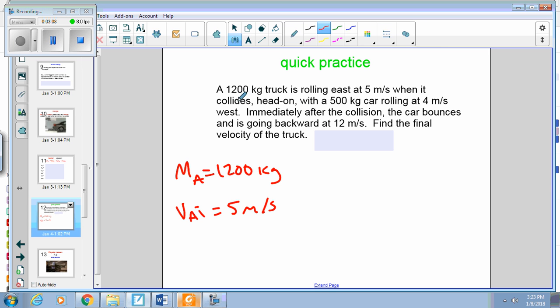It's positive because it's rolling east. Then, to make matters worse, we have mass B, which is 500 kilograms, and the initial velocity of B, which is negative 4 meters per second. It's negative, thank you so much for asking, because it's going west.